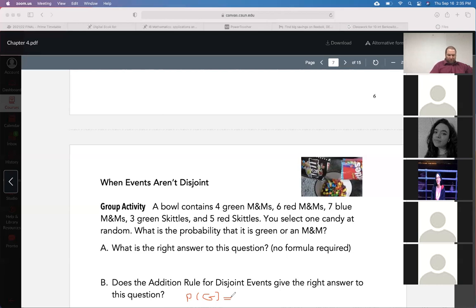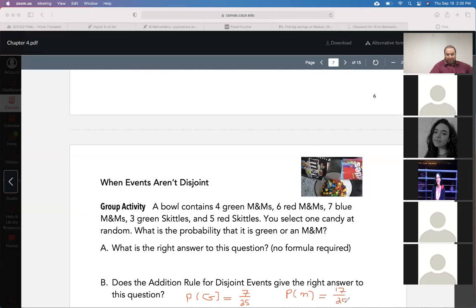Probability of green. 7 out of 25. There's still 25 candies, of which 7 of them are green. Probability of getting an M&M. 17 out of 25. 17 M&Ms out of 25.